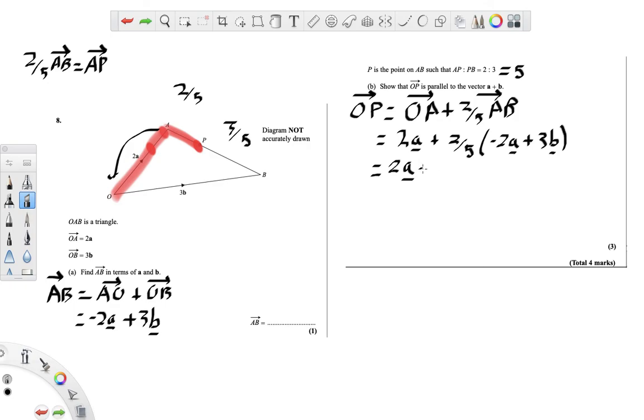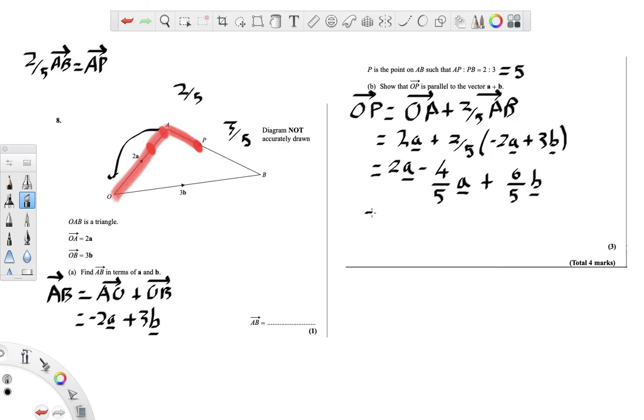So it will be minus 4/5 A. So you've got to be careful with that. It's a minus times a plus, so we get minus. And then it's 2/5 times 3B, so it'll be plus 6/5 of B.